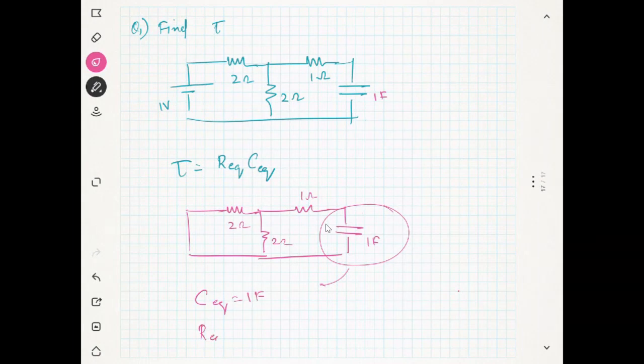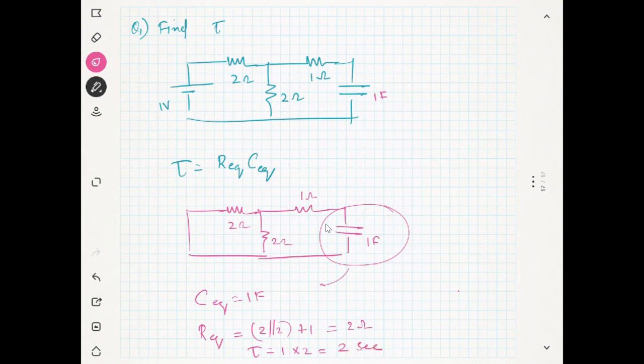And what is R equivalent? You have 2 parallel 2 plus 1, that's equal to 2 ohm. So the time constant is 1 into 2, which is 2 seconds. You understood?